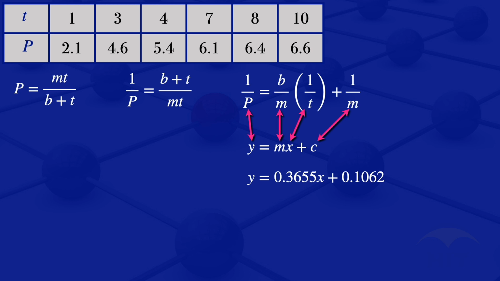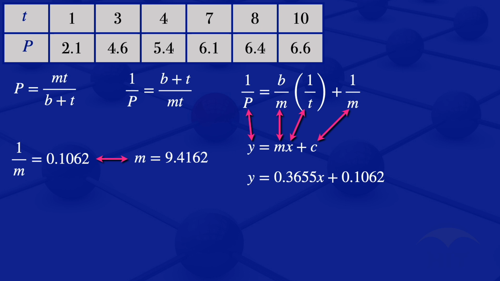From the curve fitting, c is 0.1062. So 1 over m equals 0.1062. To obtain m, we have m equals 1 divided by 0.1062, and that gives us m equals 9.4162.